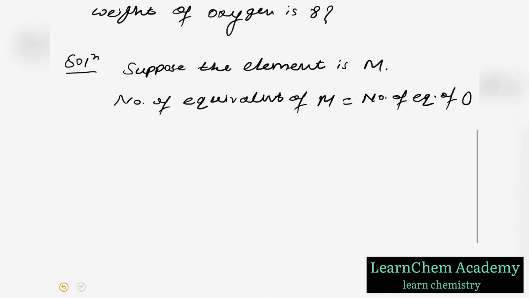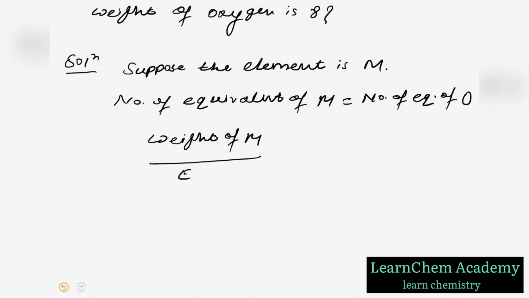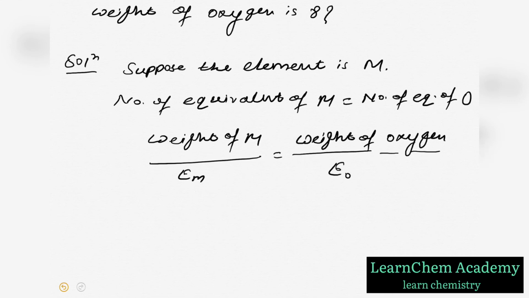So we can write weight of M divided by equivalent weight of M, meaning equivalent weight of metal, is equal to weight of oxygen divided by equivalent weight of oxygen.